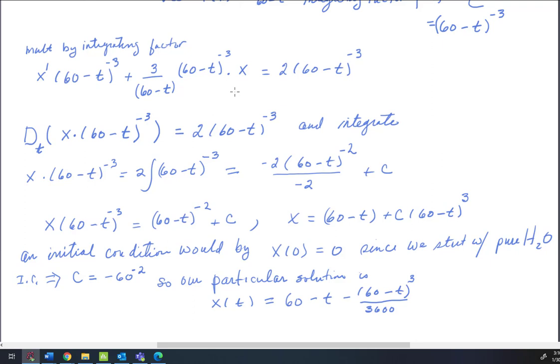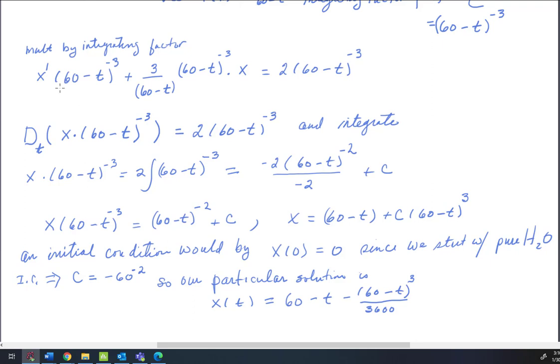And the left-hand side, we hope, is the derivative of a product. Now, what product would that be the derivative of? Well, I'm thinking product rule for taking derivatives, and I'm looking at this first term, and I see that I've got a 60 minus t to the negative 3 and an x prime, and I know the little mantra that I repeat for differentiating products is the first times the derivative of the second.